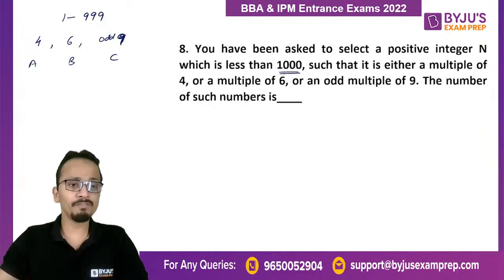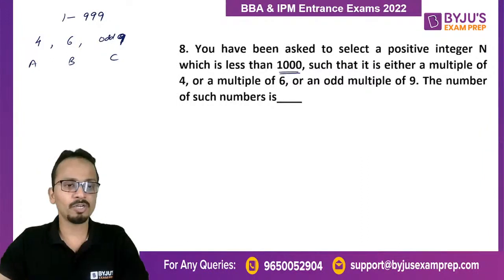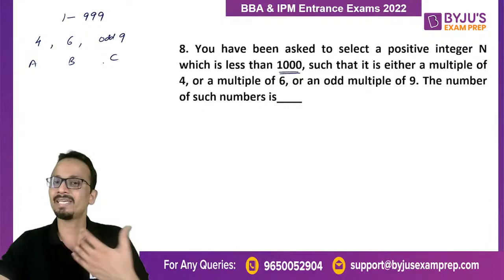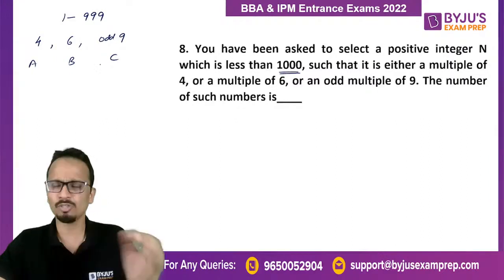But if we look at the logic here, you will not require a 3-set Venn diagram or a 3-set formula. You don't require to use that.